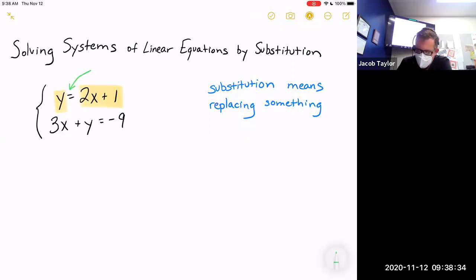An equal sign means these two things are the same. Y and 2x plus 1 are the same thing. That's what an equal sign is telling us. Y and 2x plus 1 are interchangeable because they are the same.